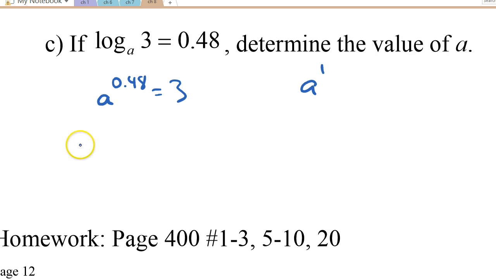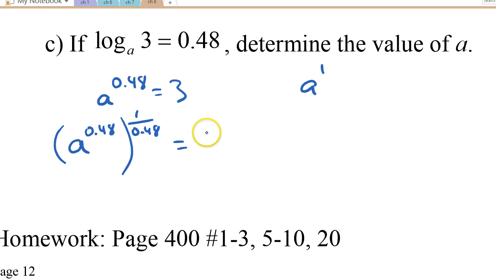Because I'm going to say a to the power of 0.48, and then I'm going to do this expression to the power of 1 over 0.48, is equal to 3 to the power of 1 over 0.48. So a power to a power, we multiply those out. 0.48 multiplied by its reciprocal is 1, so I'm just going to get a on the left hand side, which is equal to 3 to the power of 1 over 0.48.